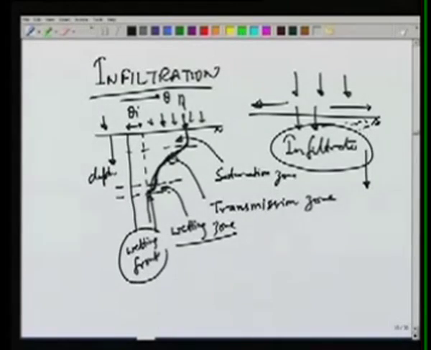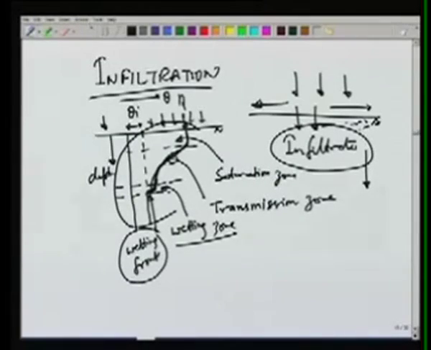So there is really no effect of the precipitation felt beyond the wetting zone or this wetting front. Wetting front is a very sharp change in the moisture content, and beyond that the effect of precipitation is not felt. So this is the mechanism of infiltration, or this is the variation of the soil moisture below the ground surface.